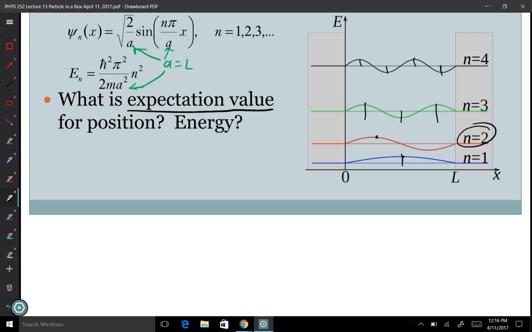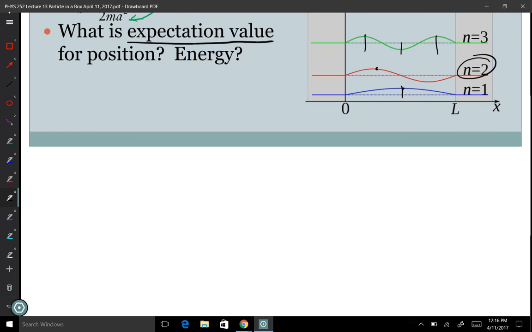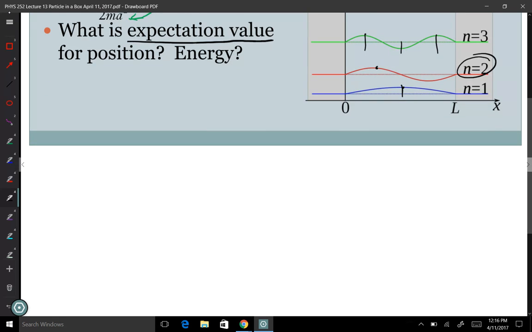So it's not actually a value I expected to find necessarily. It is the value of the mean. And so the calculation for the mean is done like, let's say we have an operator. I have x with a hat over it, which means the x operator.